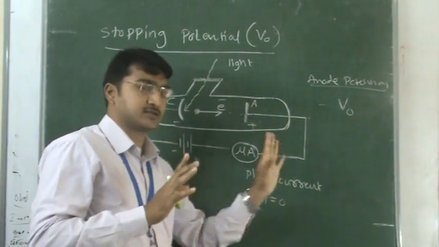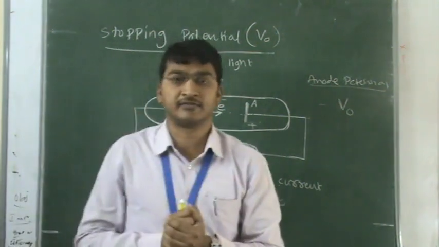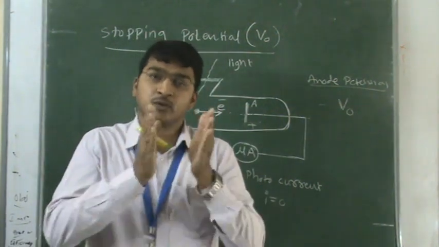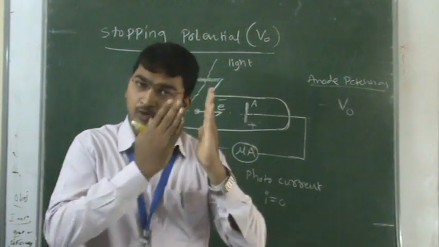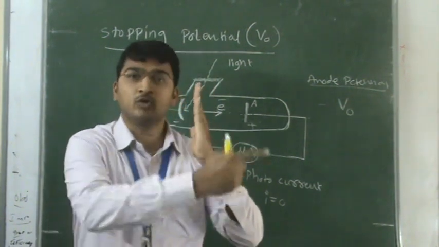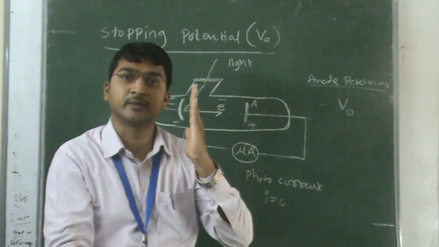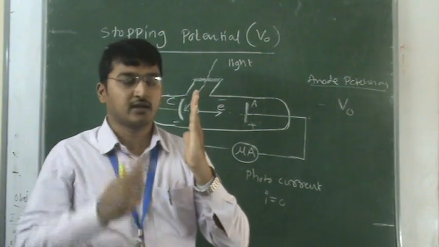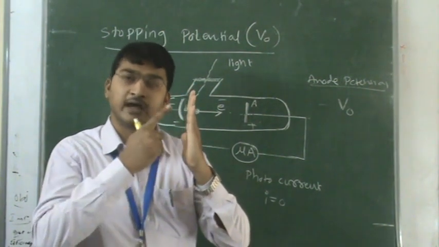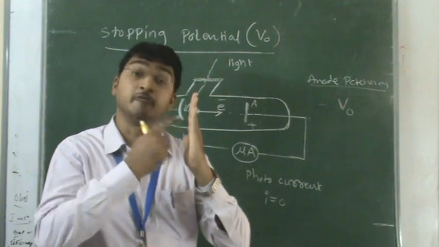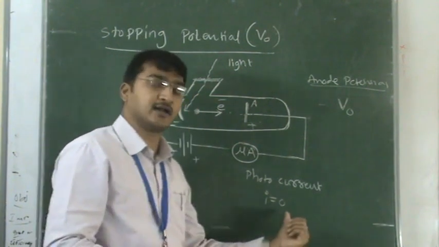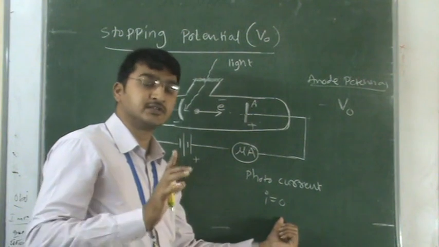The stopping potential we can define as the negative potential applied to the anode plate where the photoelectric current becomes 0.